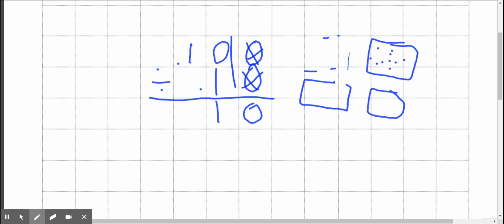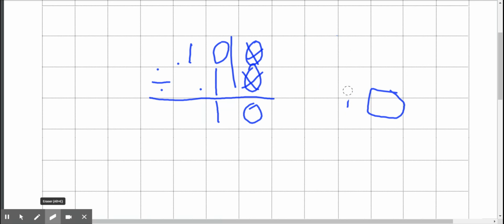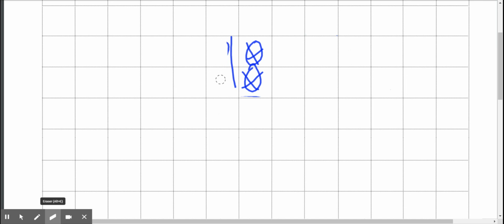That visual method can help out, but it will take a little bit longer. And again, the more we practice our skills and our math facts, the more we can use that to our advantage.